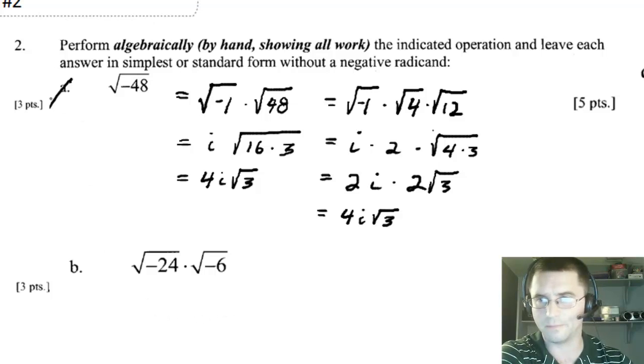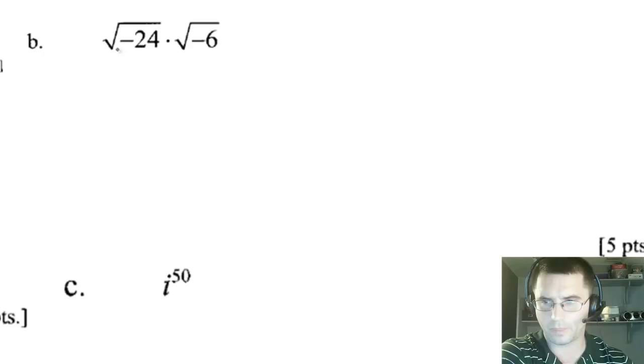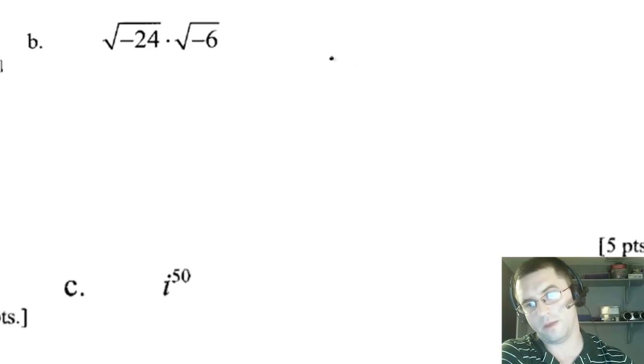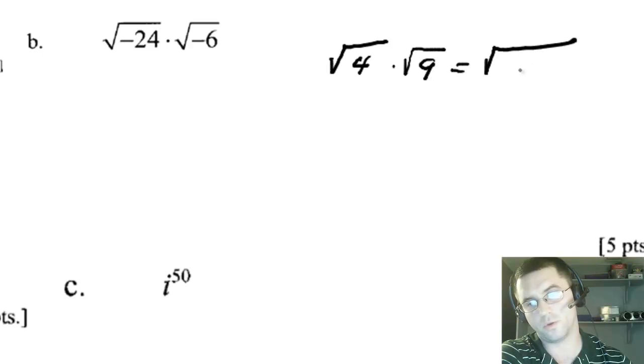Alright, so that's A. B has us multiplying two radicals with negative radicands. We know that when we multiply two radicals, normally we can just put them under one radical and take the product of the radicands, which is 36, which is 6.